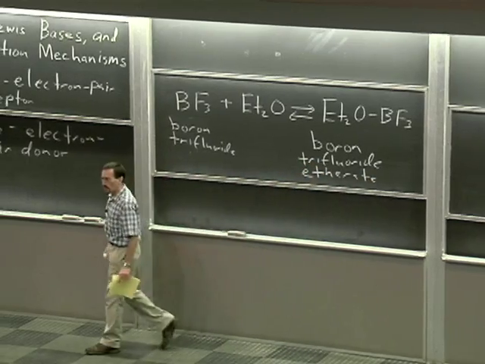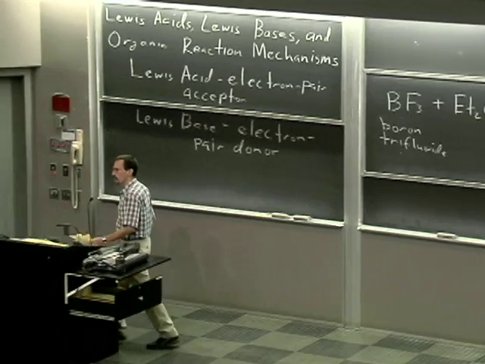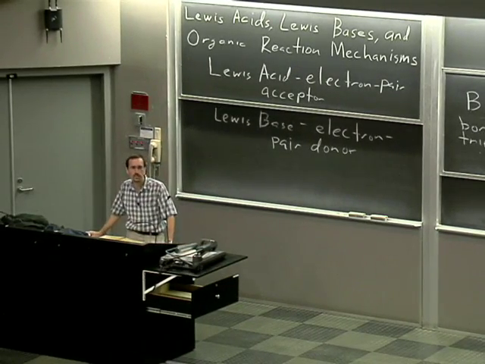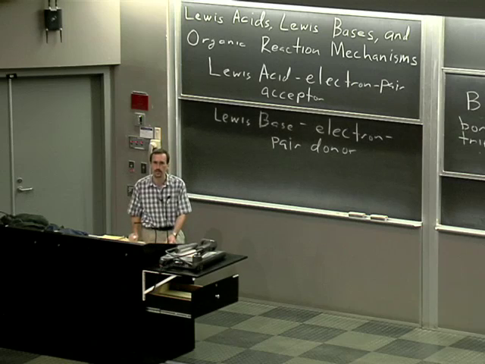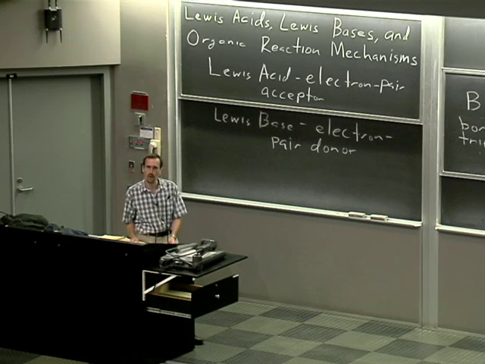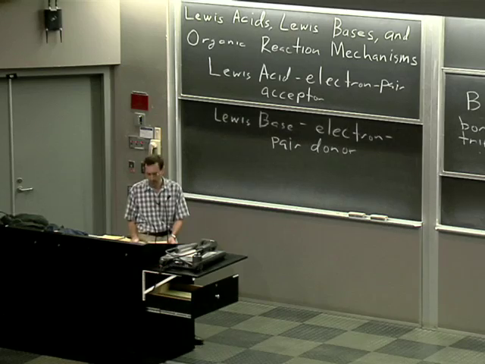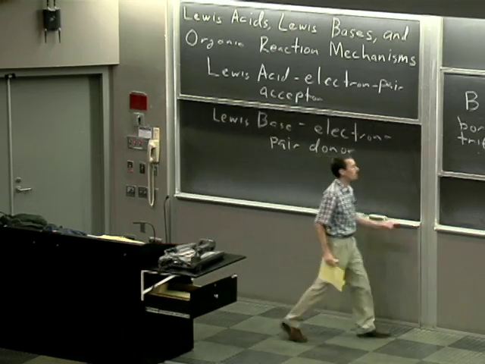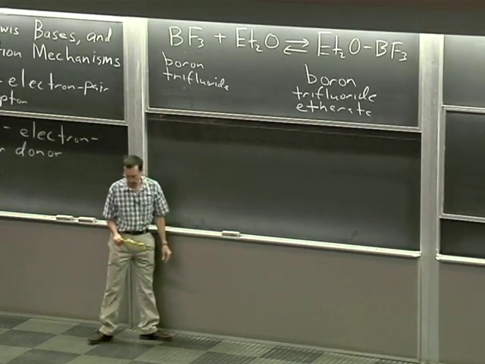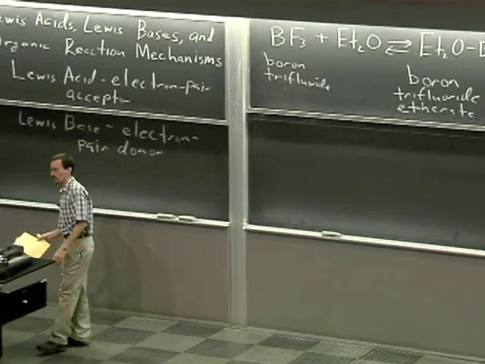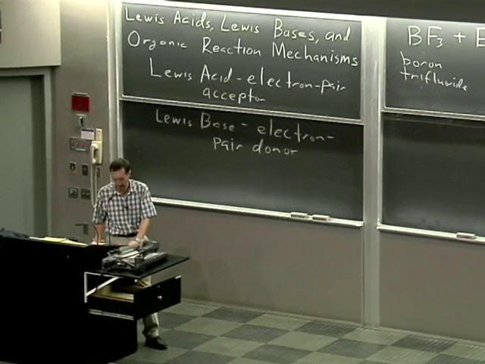Now, regardless of whether you've seen this precise reaction or a similar reaction in the past, what I'd now like to do is think about this reaction with the same tools that I, and Buck, and Johnny use every day in thinking about organic reactivity, and that is the flow of electrons associated with the formation of bonds. So I'm going to write out a full Lewis structure of boron trifluoride and a Lewis structure of diethyl ether that focuses on the oxygen atom.